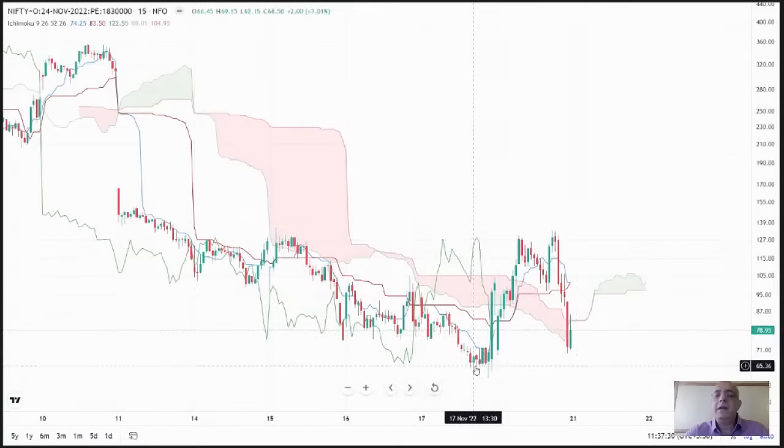78 is the close. It should not go below 65. Anything below 65, I would take an exit. I would keep my stop loss at 65 on a 15-minute basis, not just the opening tick.